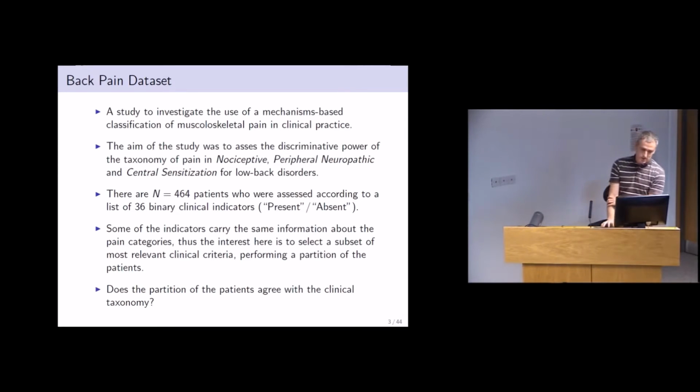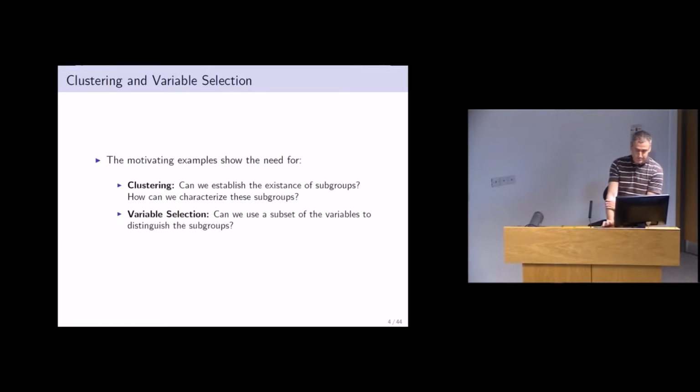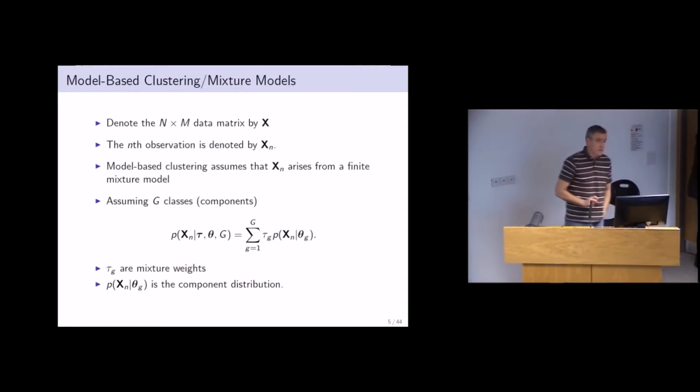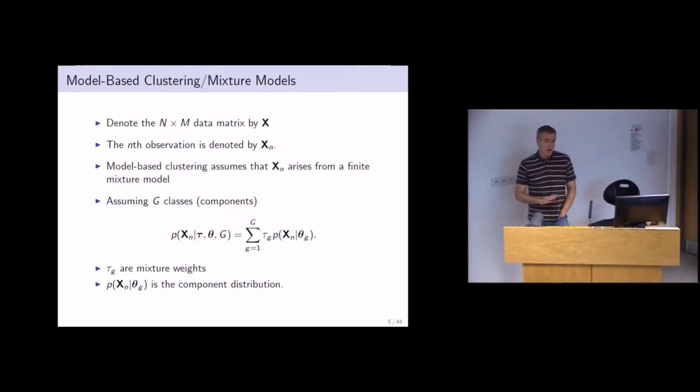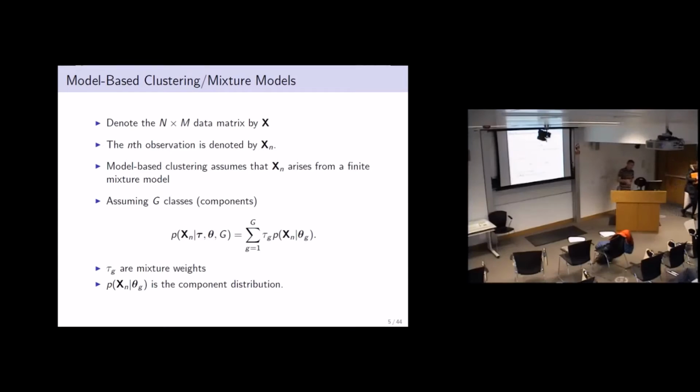Both examples involve clustering, and potentially variable selection. Can we reduce the dimensionality of the data and still find the subgroups we're interested in? Those are my 2 motivating examples. I'm mainly going to talk about the second one, but I'm including the first so that it's easier to show results for the smaller data set.